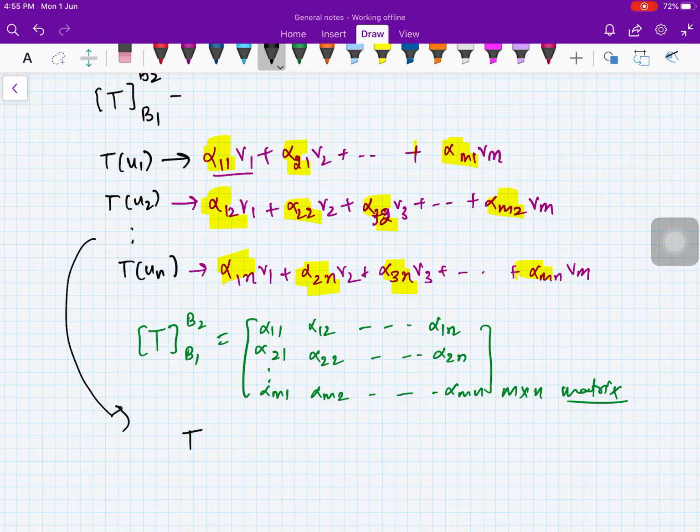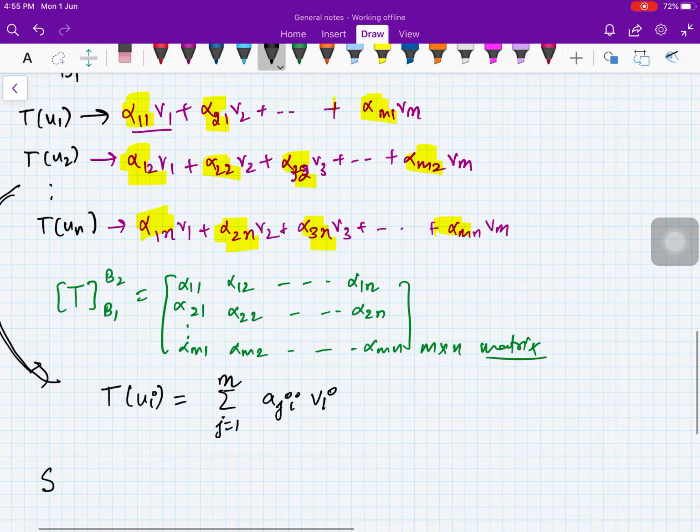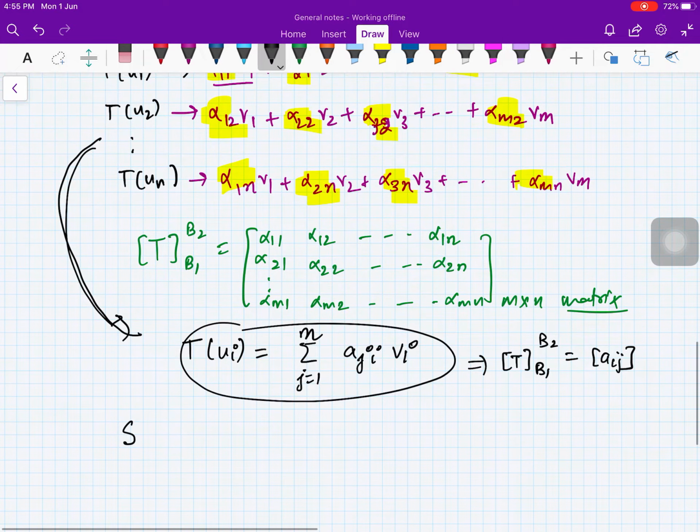Now here if I write T of ui, I am saying T of ui is summation j from 1 to m, here you can see summation j from 1 to n, aji vi. Right. Similarly, you can write the matrix of S. If this is the case, then it says that T with respect to B1, B2 is aij.